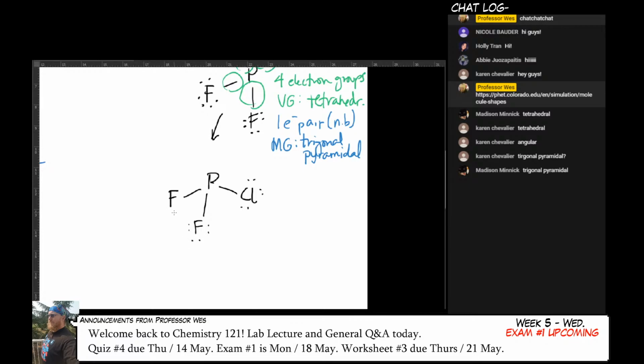We'll put the dots back around them like we did before. And now it looks much more trigonal pyramidal to me. And I'm going to try and illustrate that by just doing this. Here's the base of my trigonal pyramidal pyramid, which I have highlighted in blue.